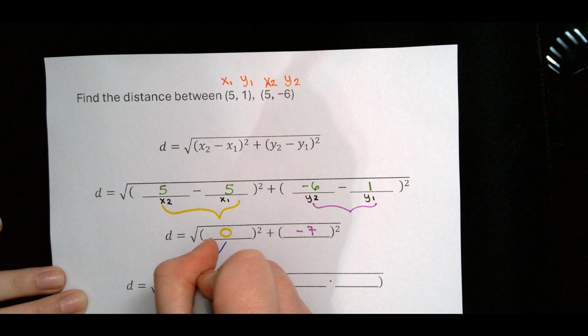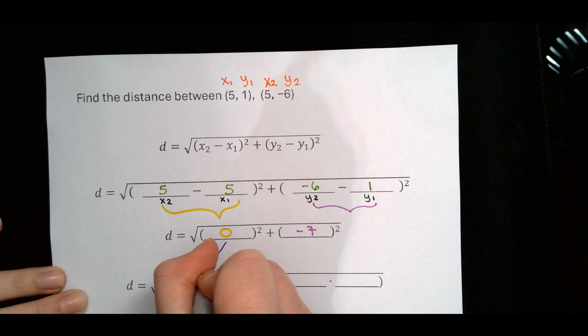Negative 7, and what we are expanding is our exponent of 2.